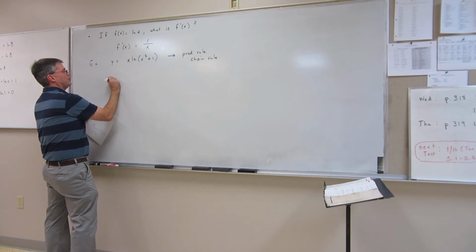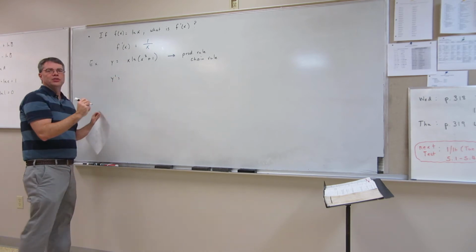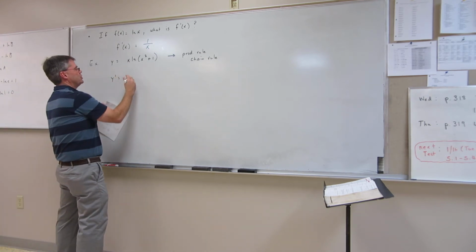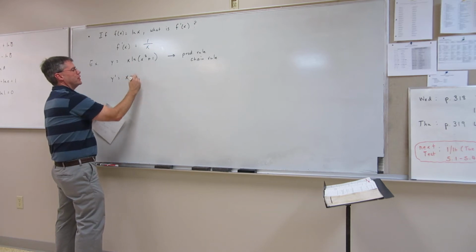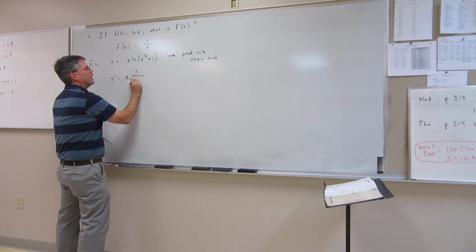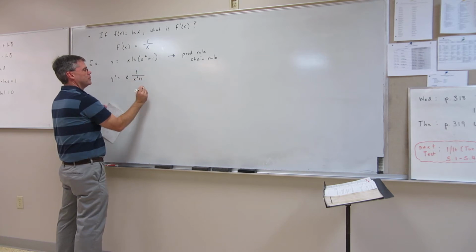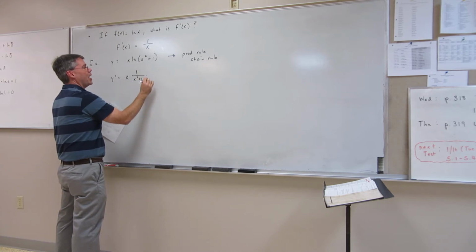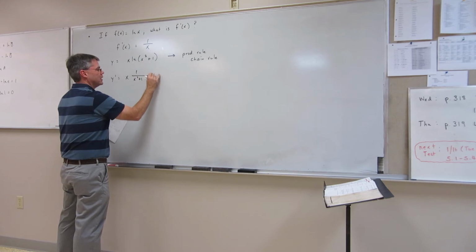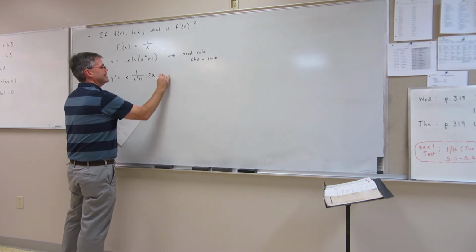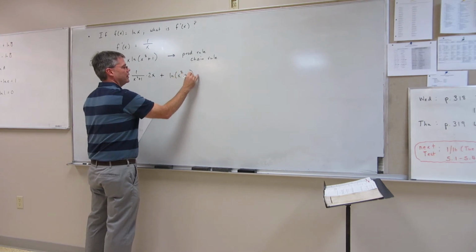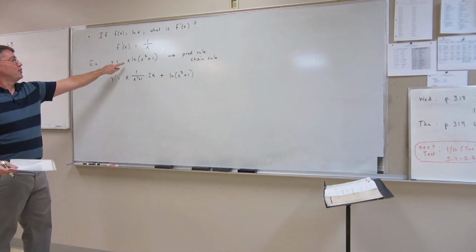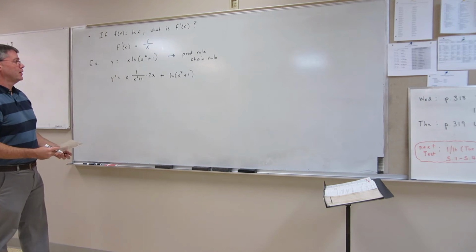So y prime is equal to the first, x, times the derivative of the second. Well, that's going to be 1 over x squared plus 1 times the derivative of the block, which would be 2x, plus the second, the natural log of x squared plus 1, times the derivative of the first, which is just 1.